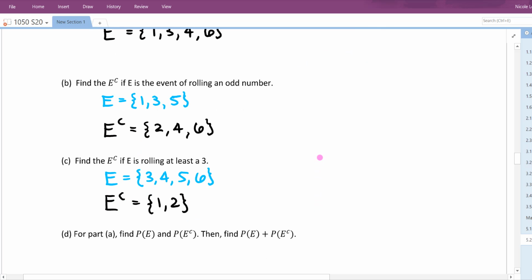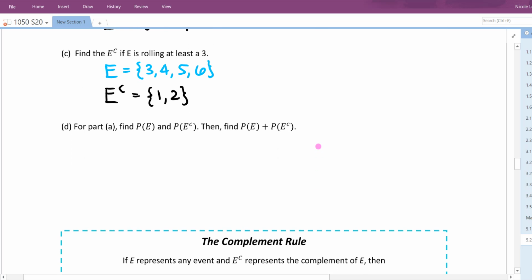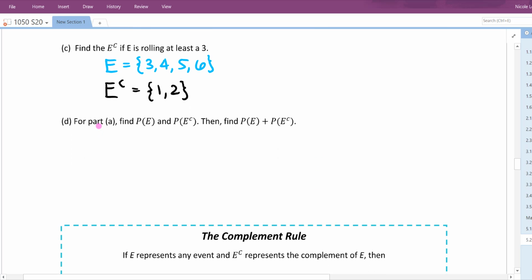Okay, so now let's look at part D. Where it says for part A, we'll have to refer back to part A. It says to first find the probability of E, and then the probability of the complement, and then from there, it's asking us to add those two probabilities together.